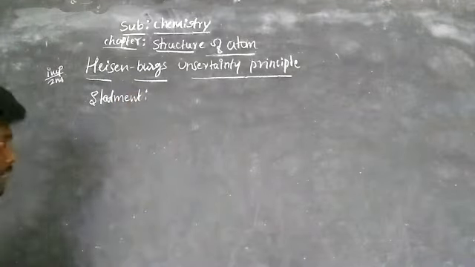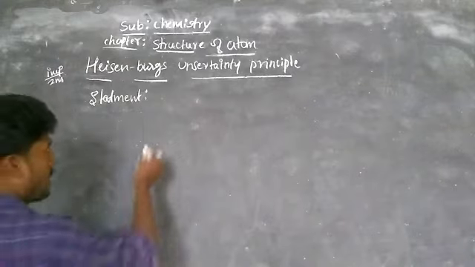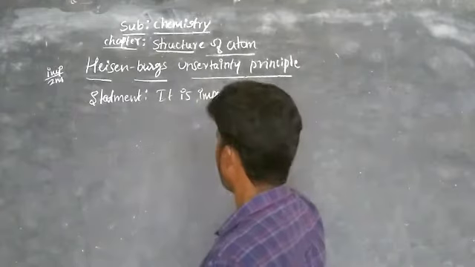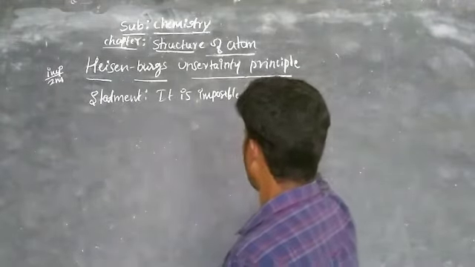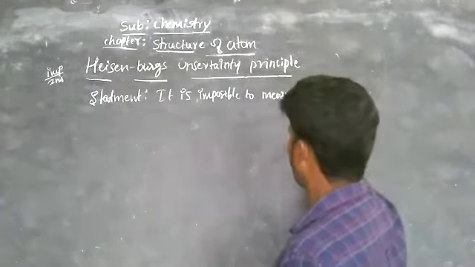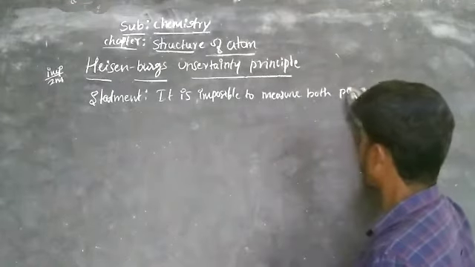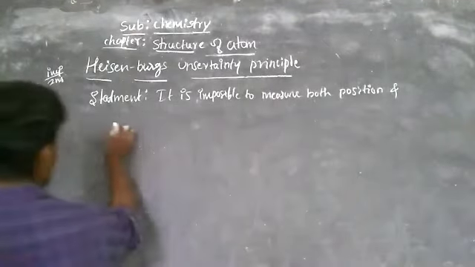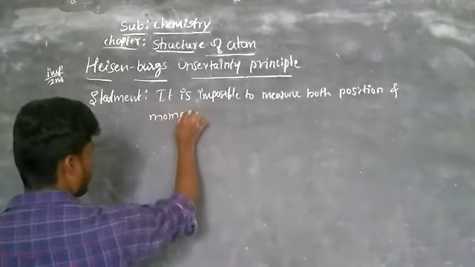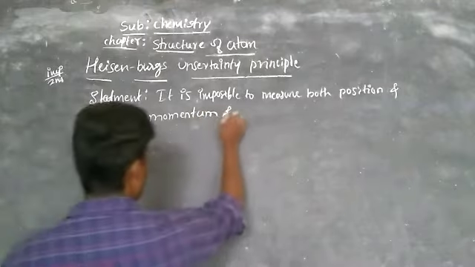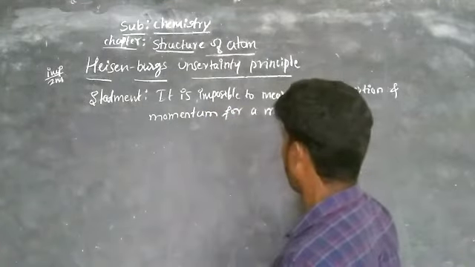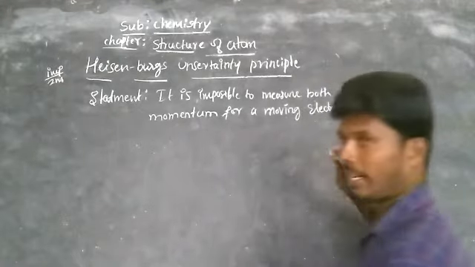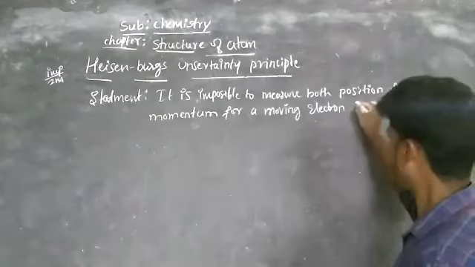The Ensemble uncertainty principle says that it is impossible to measure both position and momentum for a moving electron simultaneously.